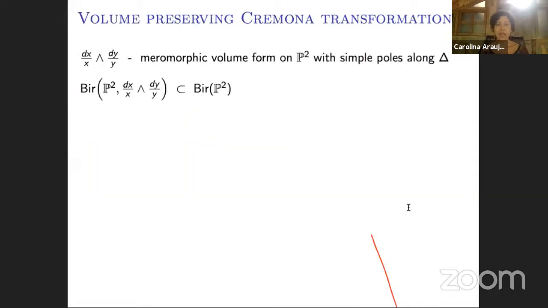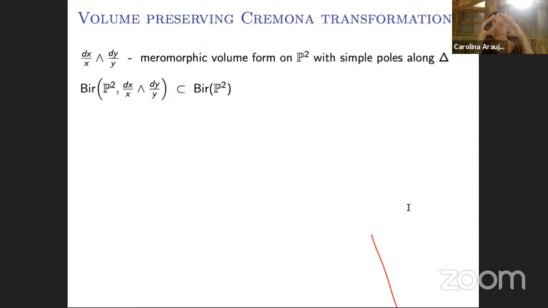For that, the tool that we use is this notion of volume preserving Cremona transformation. Let me give you an example. Inside of P2, let's consider this meromorphic volume form, dx over x wedge dy over y. This is a meromorphic volume form having simple poles along the triangle.